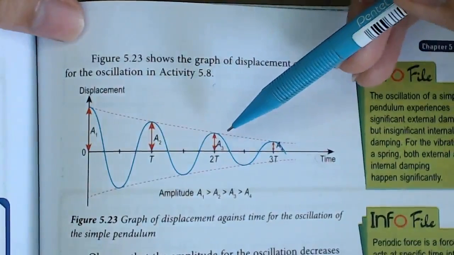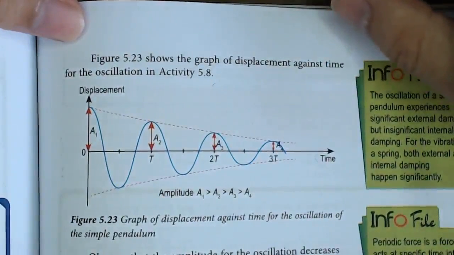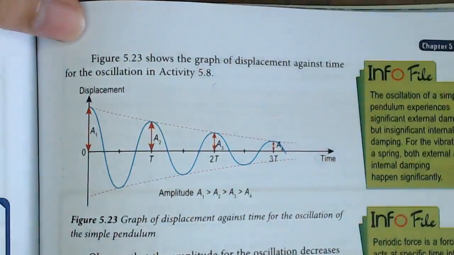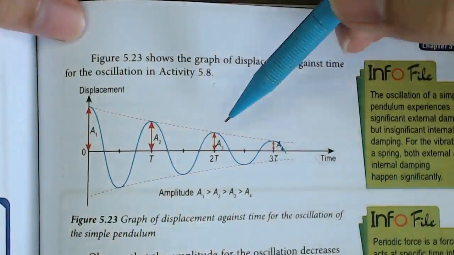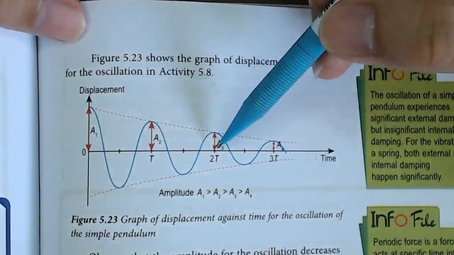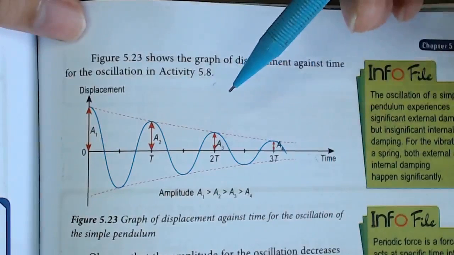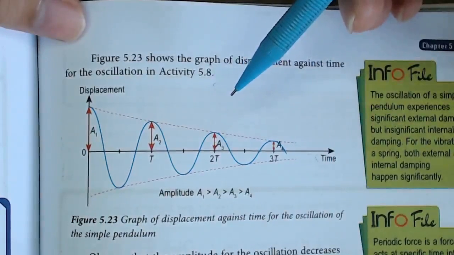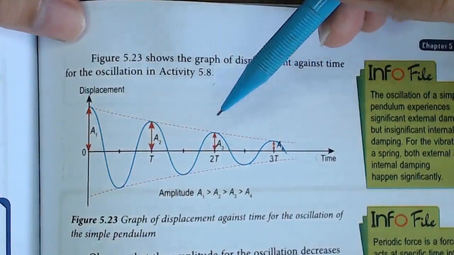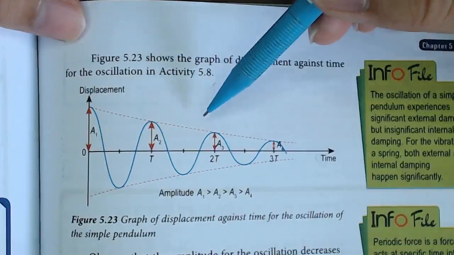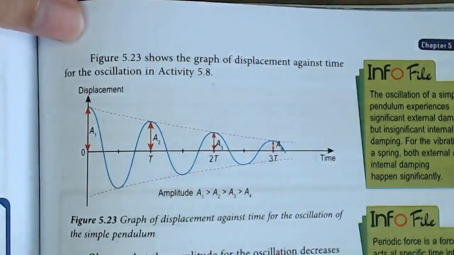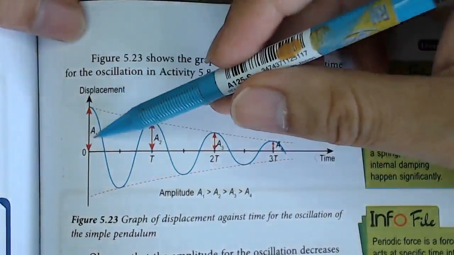So if you notice, there is something that is different, and there is something that remains the same. What is it that remains the same? And what is it that is changing? The thing that changes is amplitude.